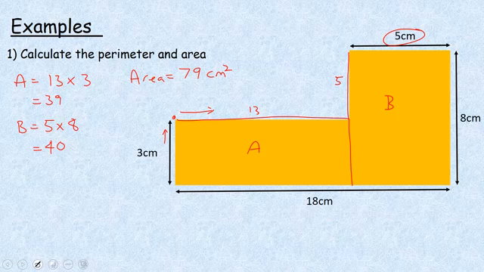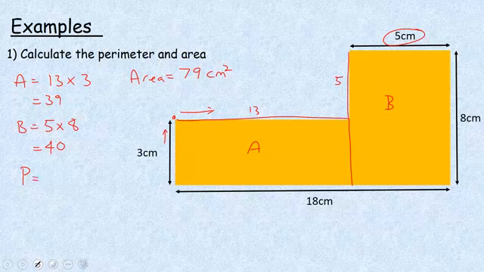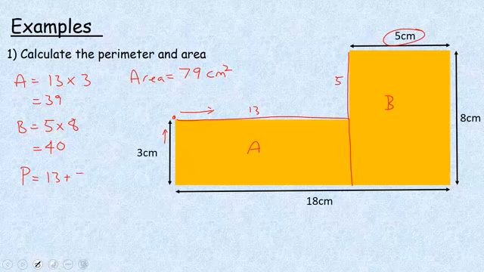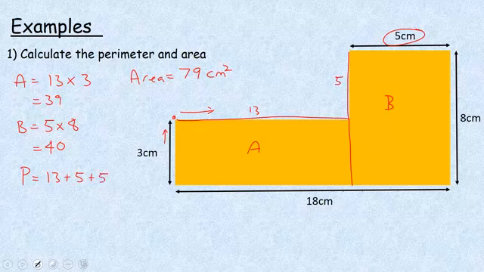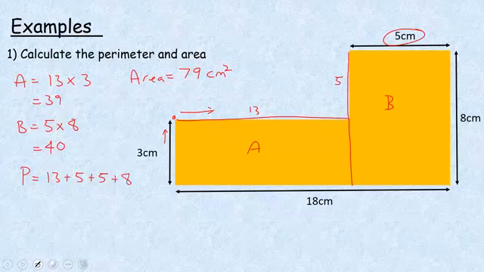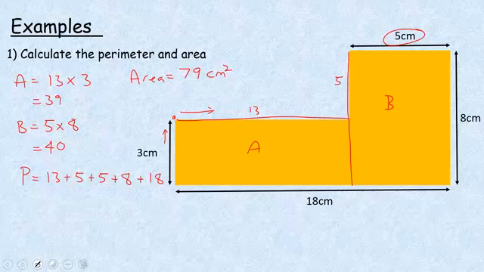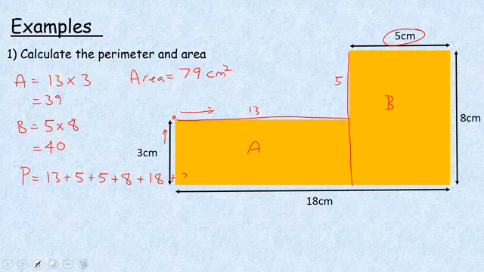Okay, so for our perimeter, we're just going to add up all of the lengths of those sides. So we've got 13 plus 5 plus 5 plus 8 plus 18 plus 3.